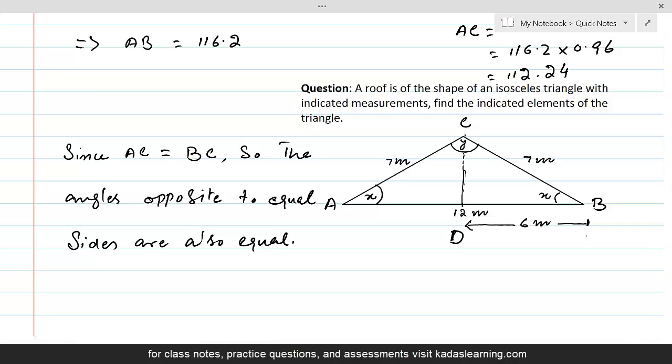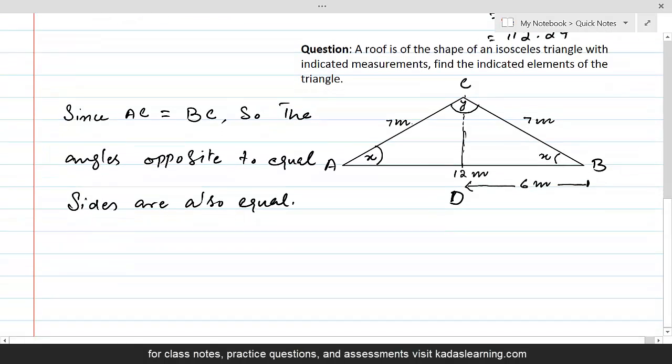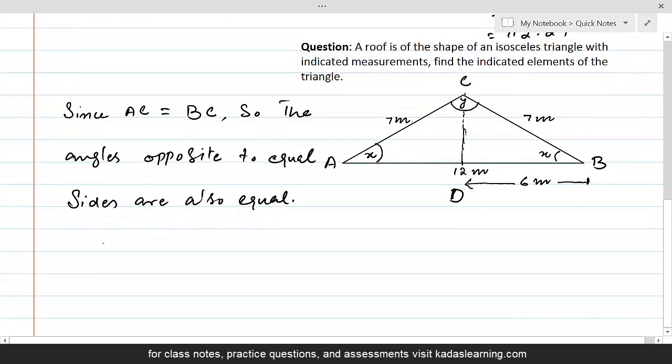And we consider the triangle BCD. For triangle BCD, the angle at D is 90 degrees. And if this angle is 90 degrees, then the side opposite to this would be called the hypotenuse.